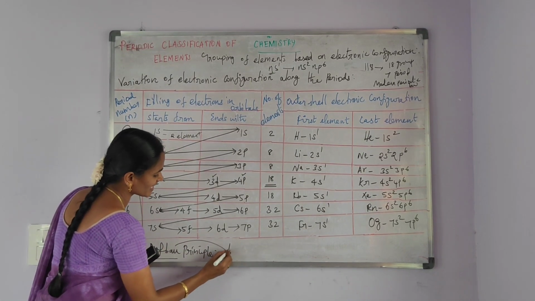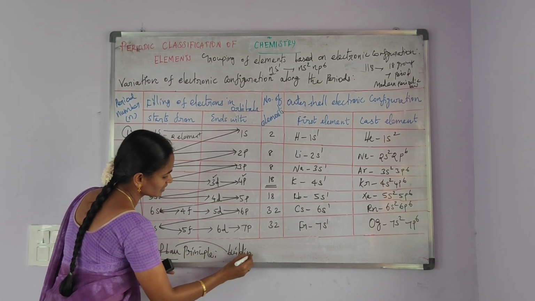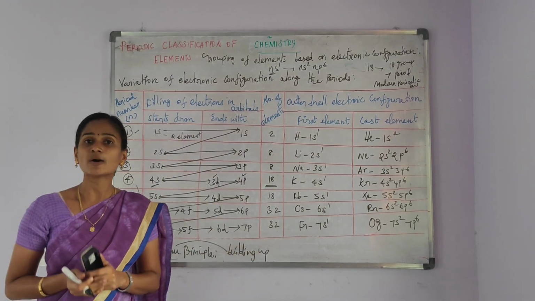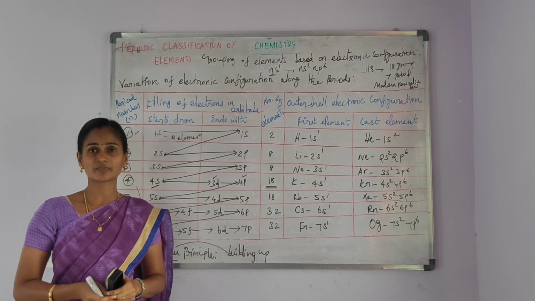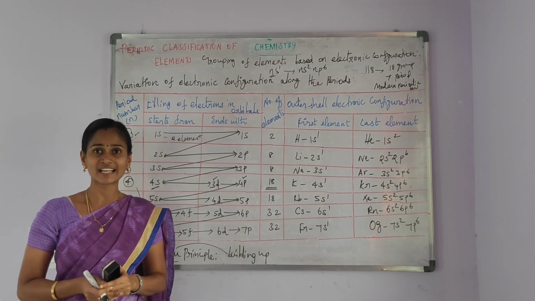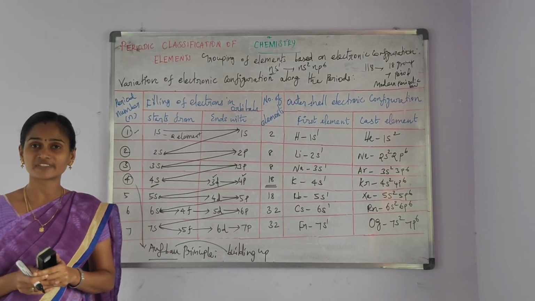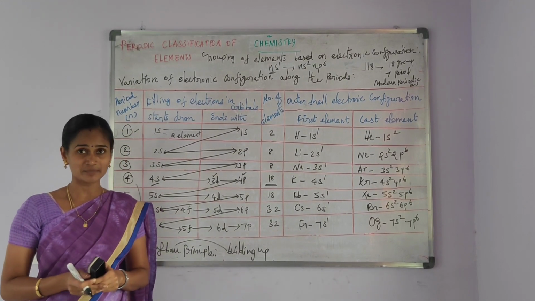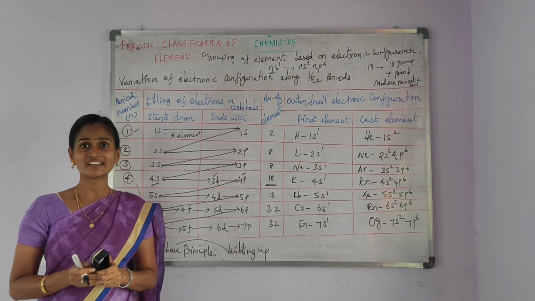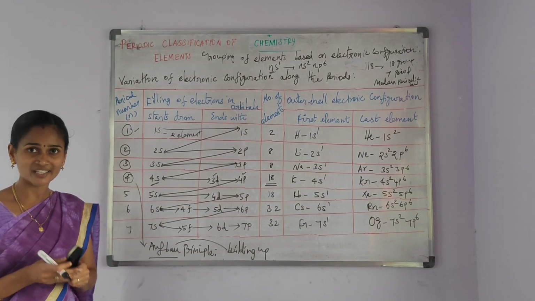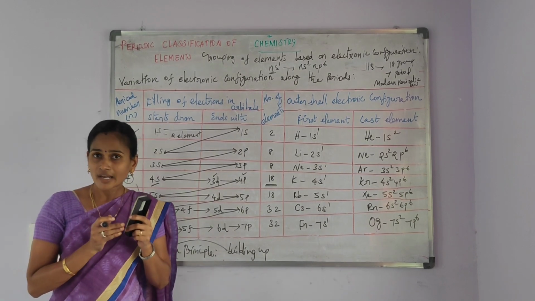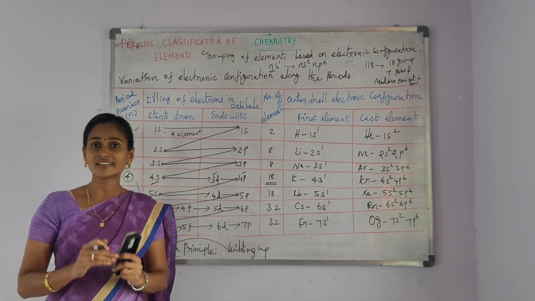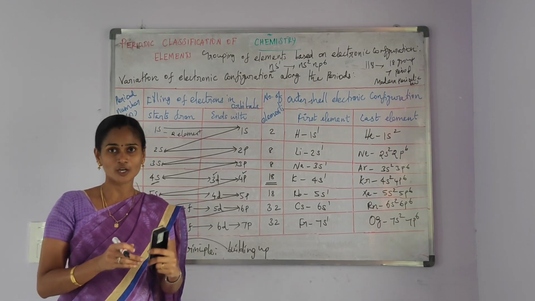Aufbau, its meaning is building up. In the ground state of the atoms, the orbitals are filled in the increasing order of the energy. That is, the electrons first occupy the lowest orbital and then move to the higher orbital.